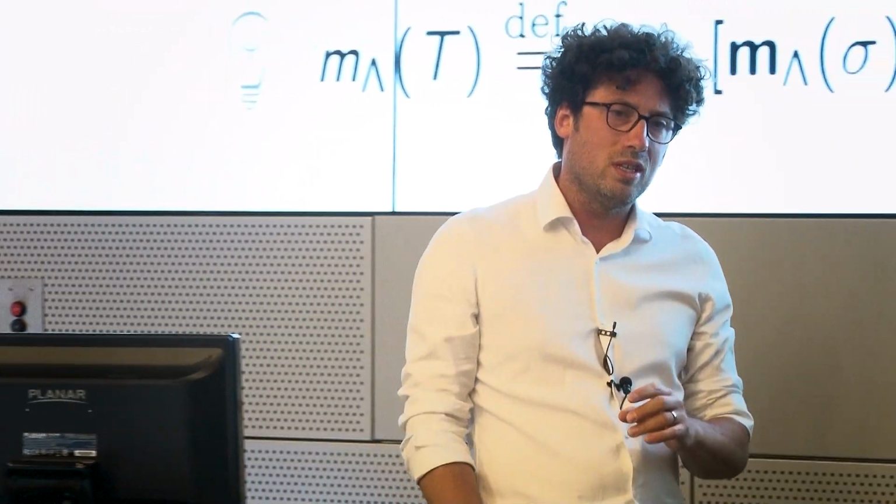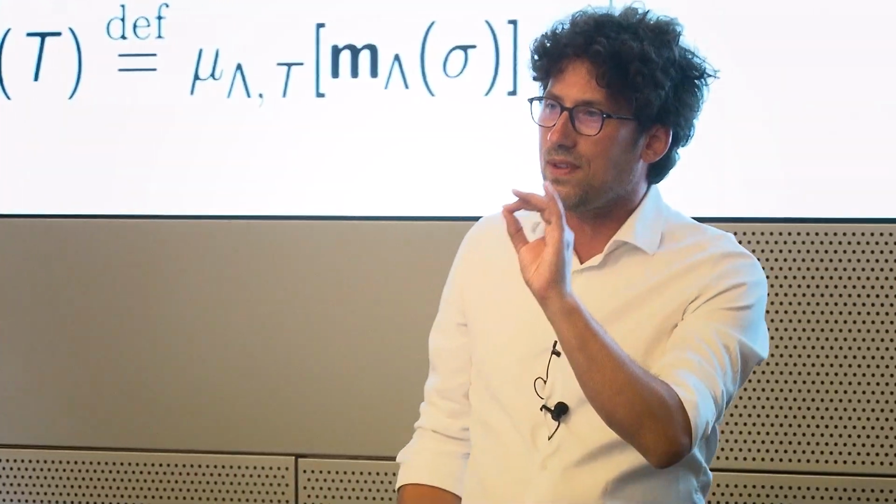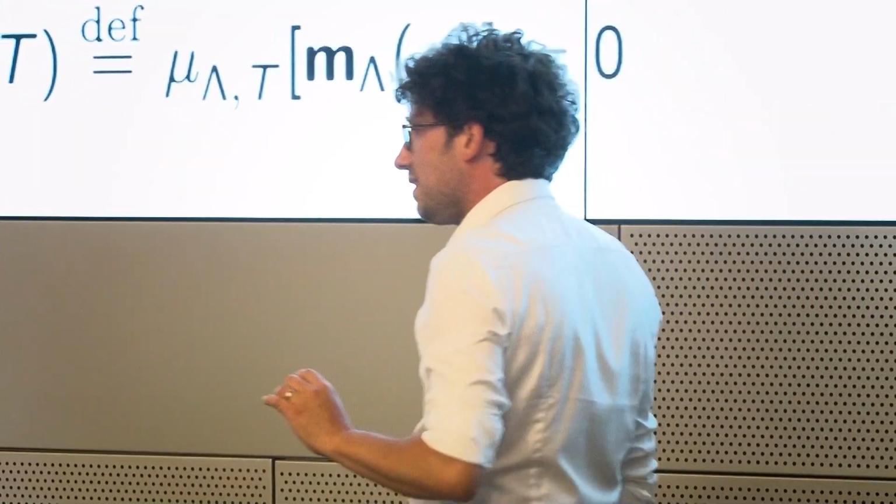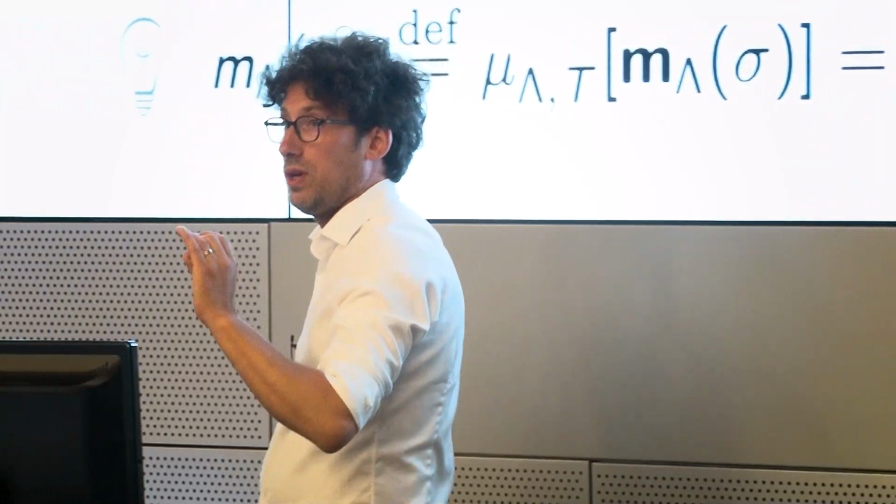So you always get 0, so in some sense it doesn't explain anything about having a magnetized phase or unmagnetized phase at this stage. But the reason why it gives you 0 is because we didn't really dive into the core of the system. Here we didn't break the symmetry.